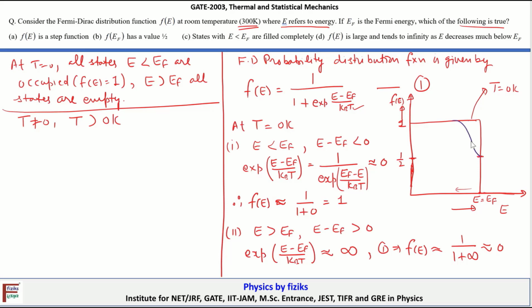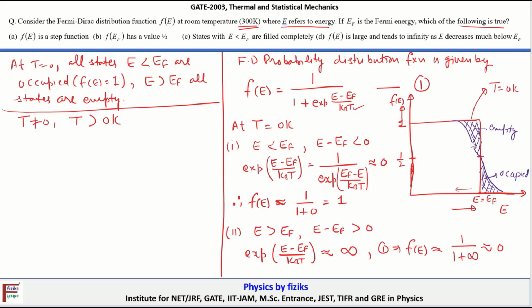Electrons from this region will move and occupy the energy states above the Fermi level. The states which become empty below the Fermi energy are replaced by the same number of occupied states above the Fermi energy. So these states will now be occupied by electrons, whereas these states will be empty.